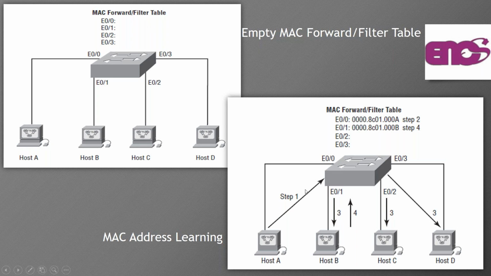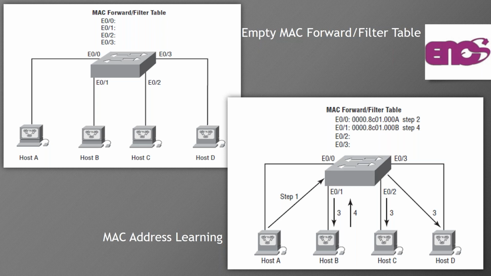Now this is what it does. If host A has a message for host B, it sends it to the switch, which forwards it on every port. So everybody gets the message, and the device that the message is meant for will reply. So at the initial stage, the switch floods the message on all the ports.